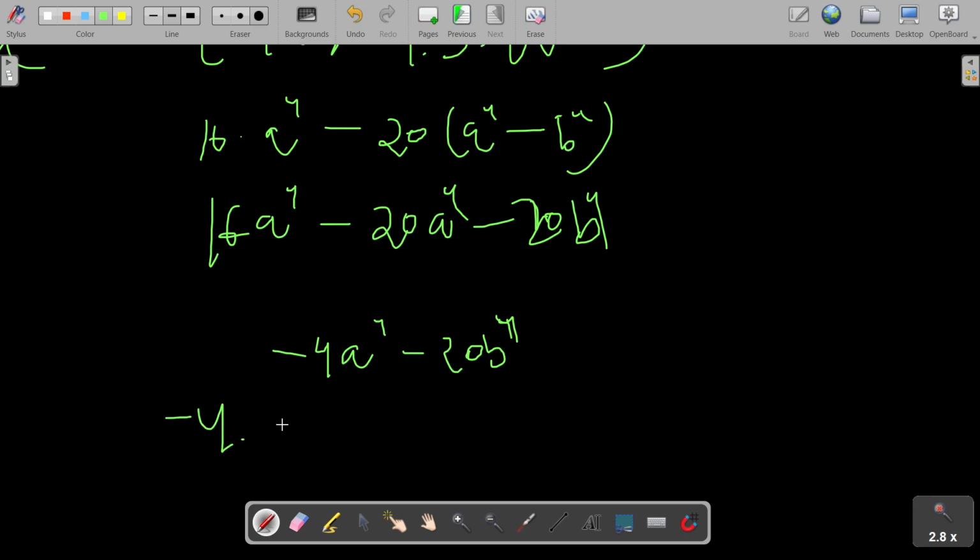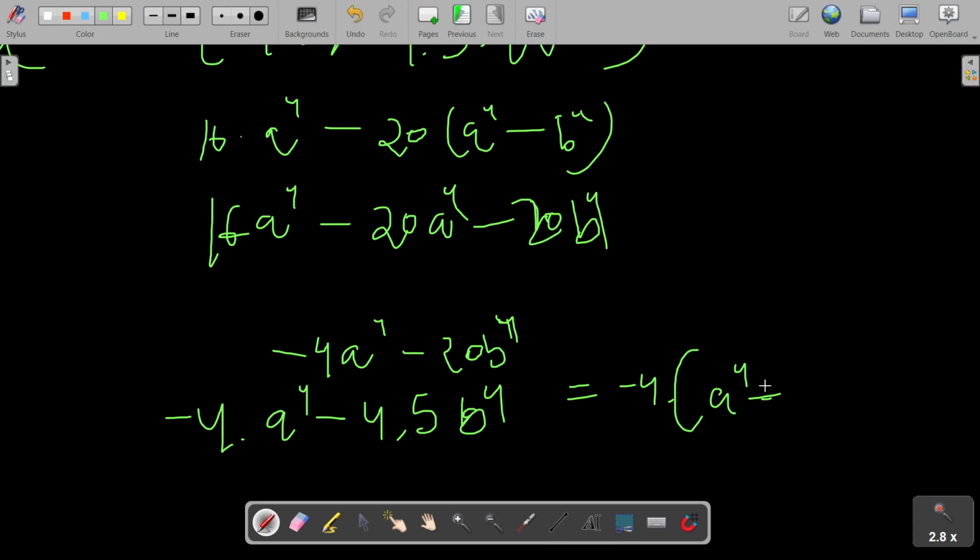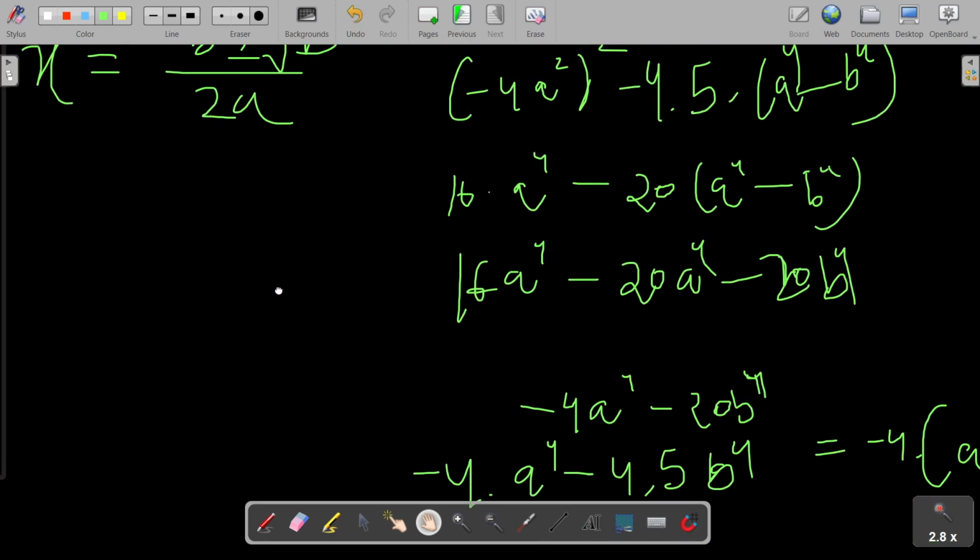You can see that minus 4 into a power 4 minus, this is 4 times 5b power 4. If I take the negative sign and the 4 common, this becomes a power 4 plus 5b power 4. We can simplify this like this.